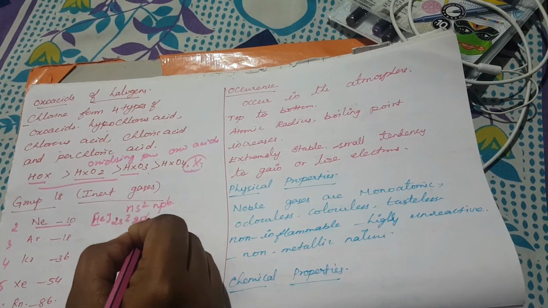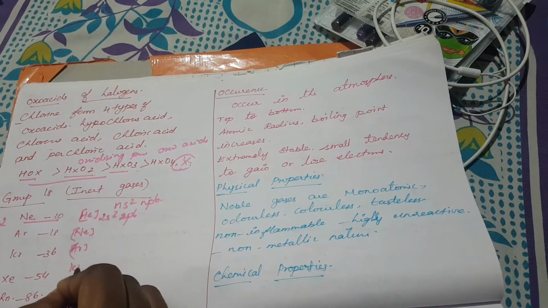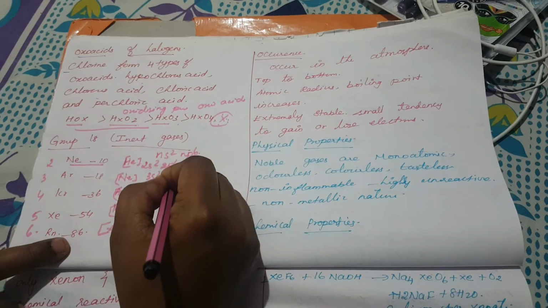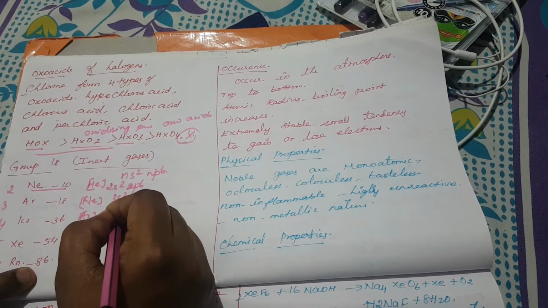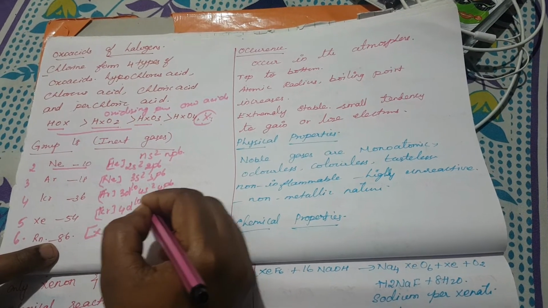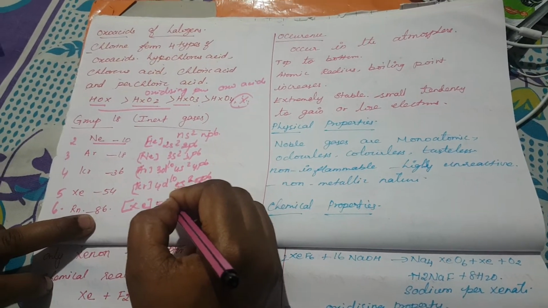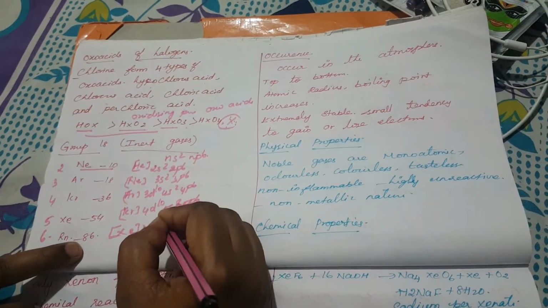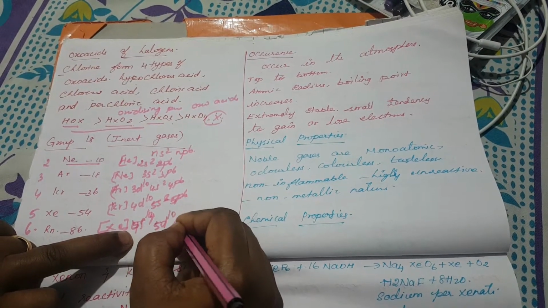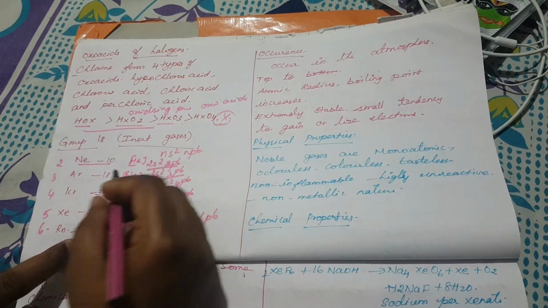Helium, neon, argon, krypton and xenon, from the second period to the sixth period. Helium is 1s2, neon 2s2 2p6, argon 3s2 3p6, krypton 3d10 4s2 4p6, xenon 4d10 5s2 5p6, and radon 4f14 5d10 6s2 6p6. This is the octet electronic configuration of inert gases.